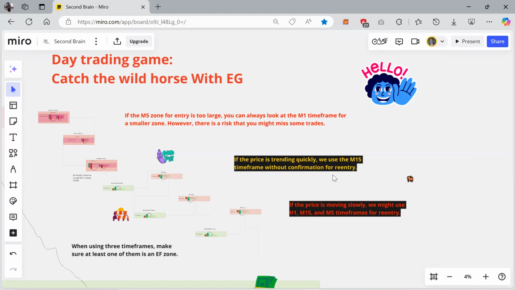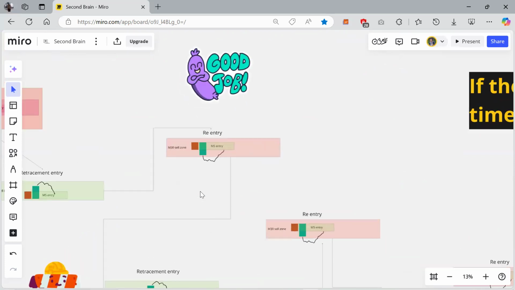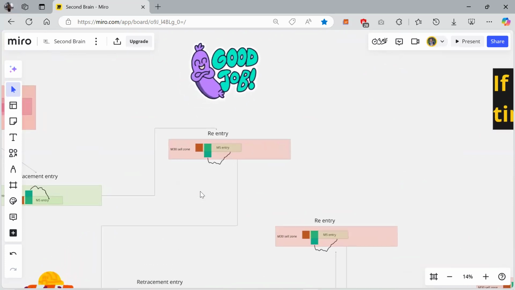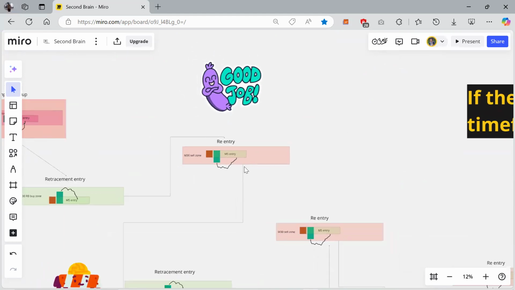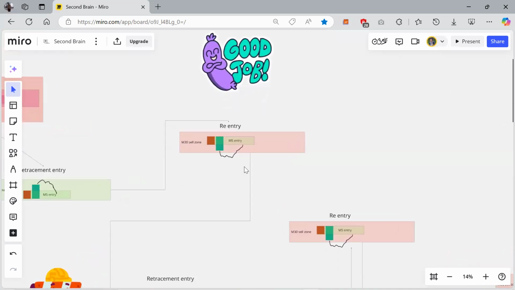So these re-entries sometimes go very quickly. We need then to take just M15 without M5.